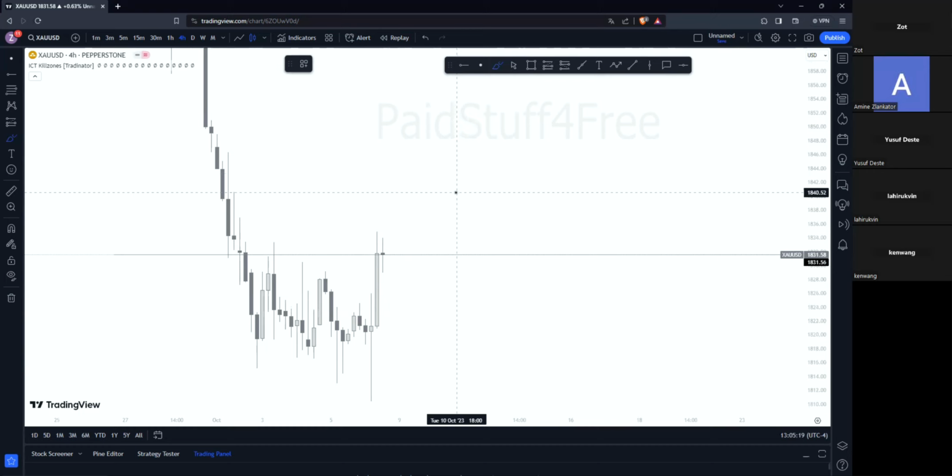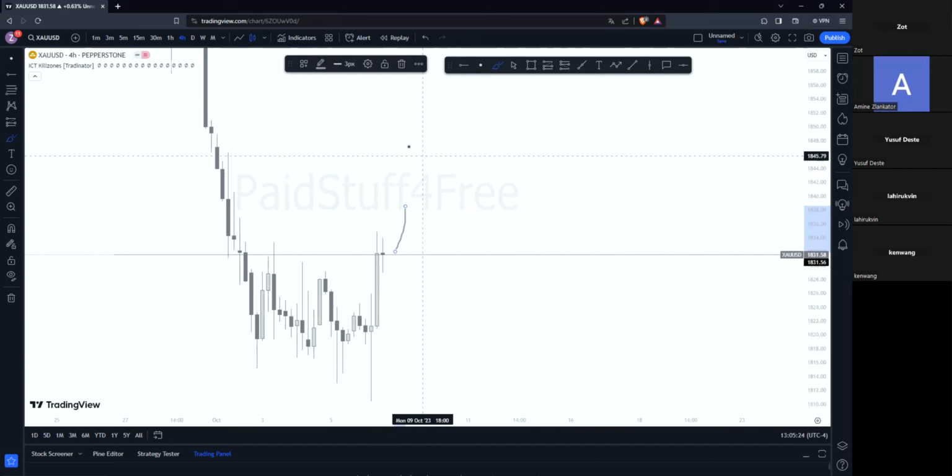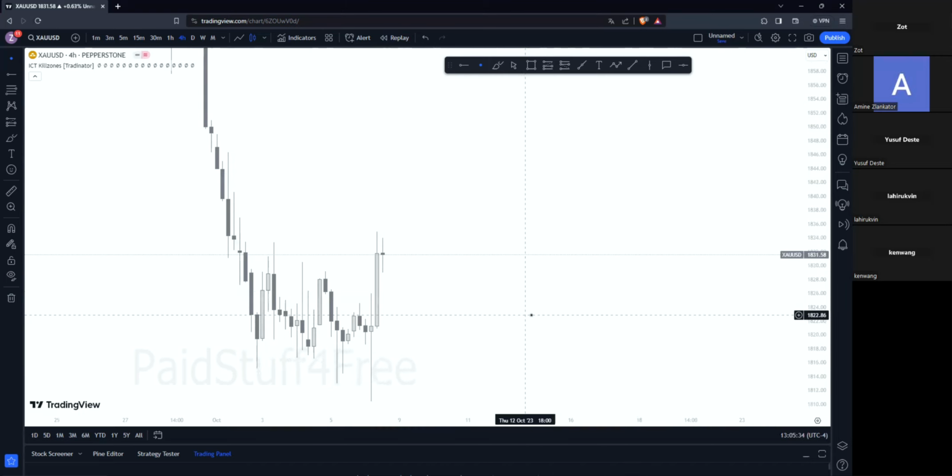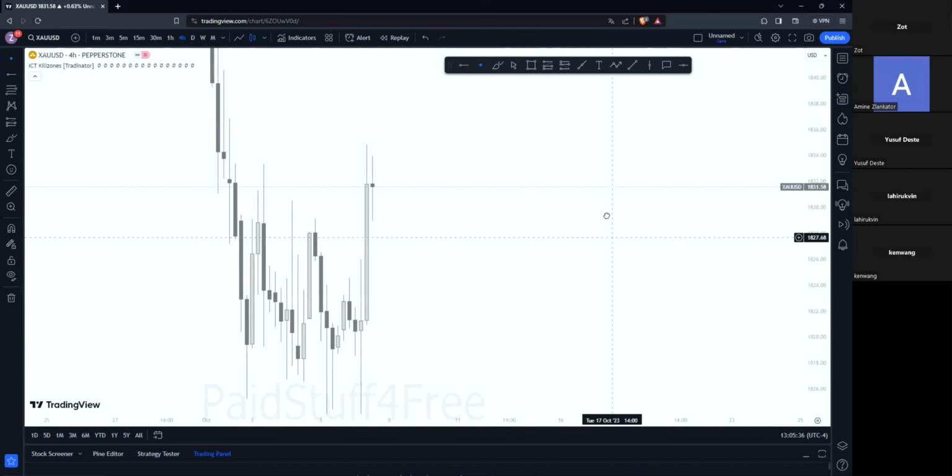It doesn't matter how it looks, how big or small it is. As long as it's above, it acts as resistance to push price lower. If it's below the current price, it acts as support to push price higher. Understood? Amazing.